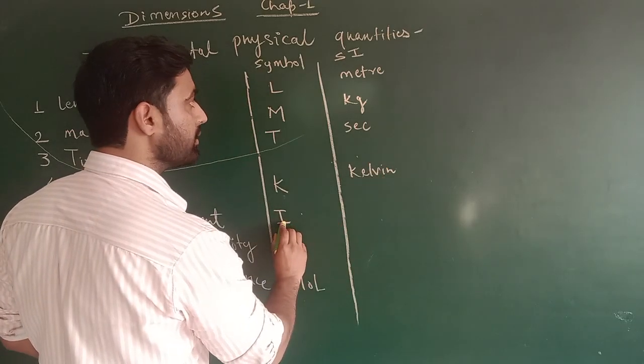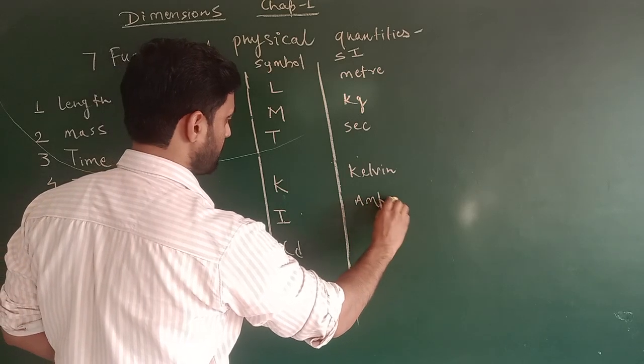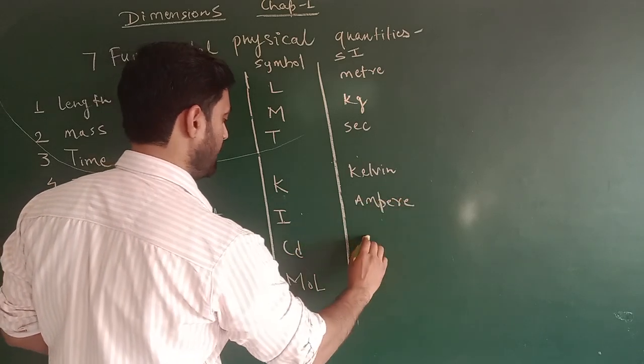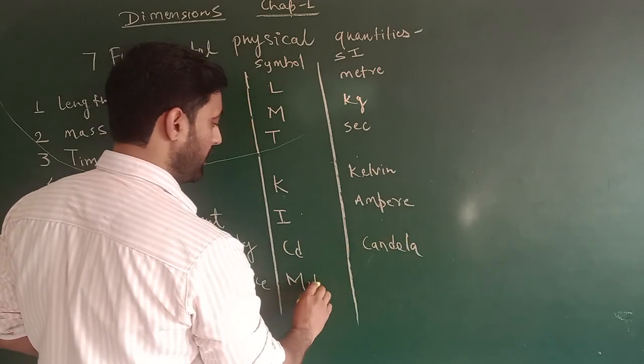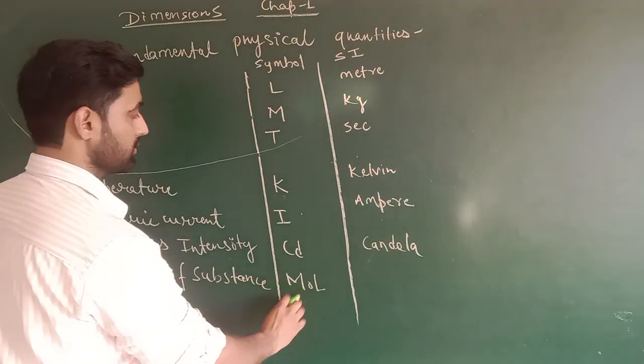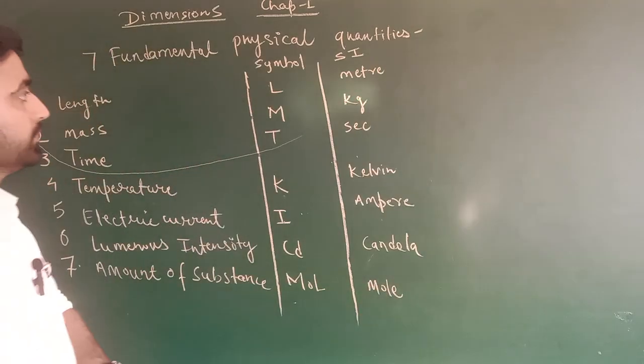For electric current, SI unit is ampere. CD for candela. Mol, mole, for amount of substance.